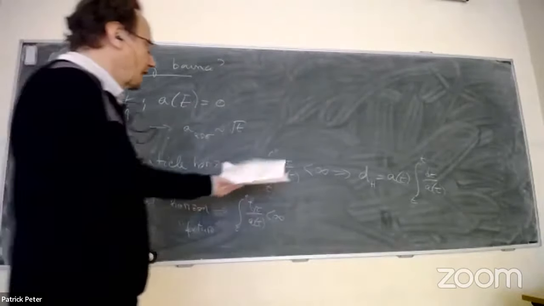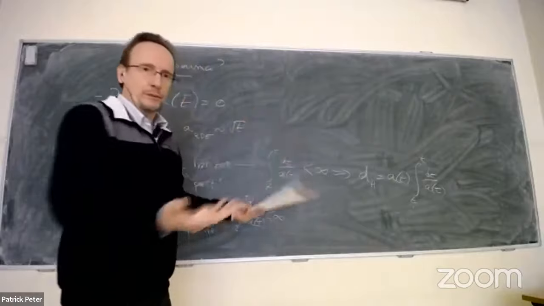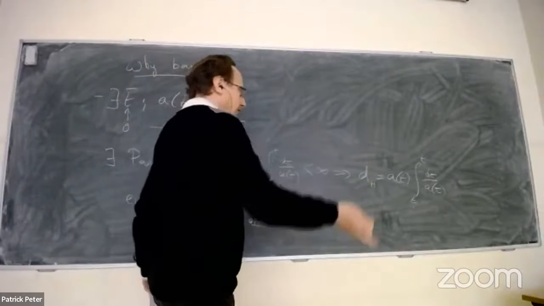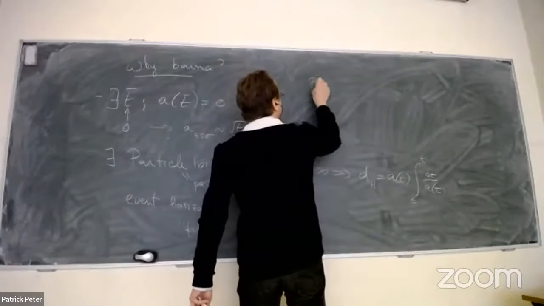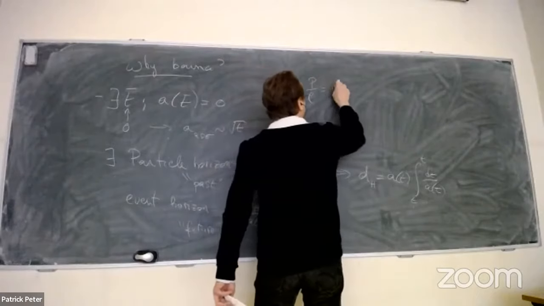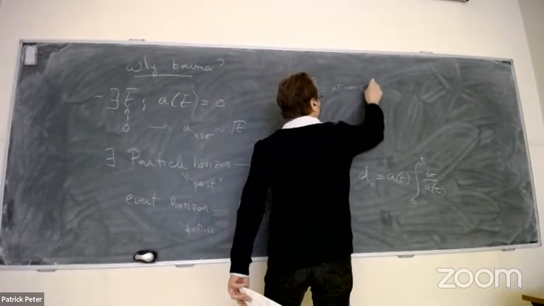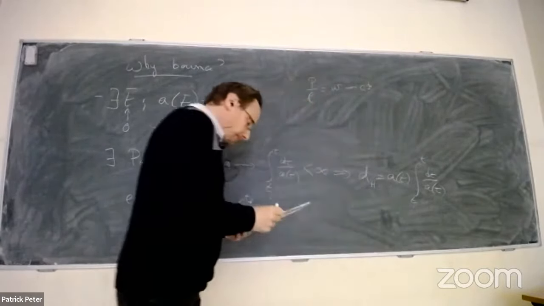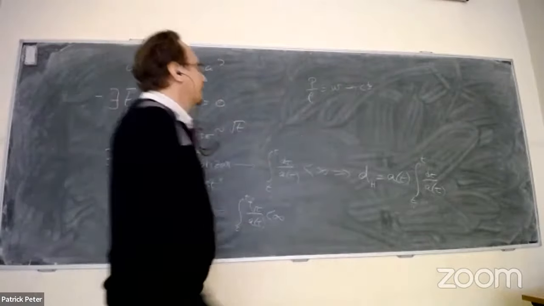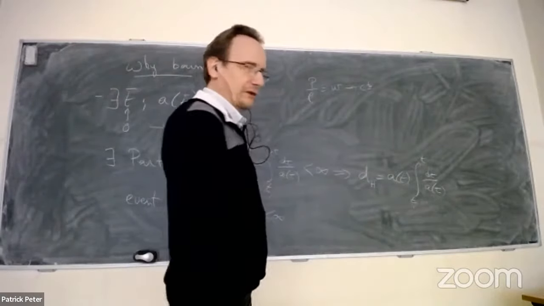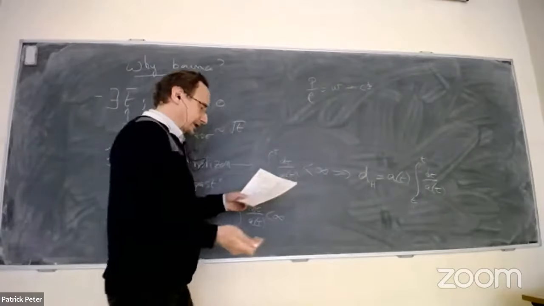And so if you begin the universe with, say, radiation or whatever, you have a constant equation of state. So P over rho equals W, let's say it's a constant. Then you can calculate this thing. You know what the solution for the scale factor as a function of time is.